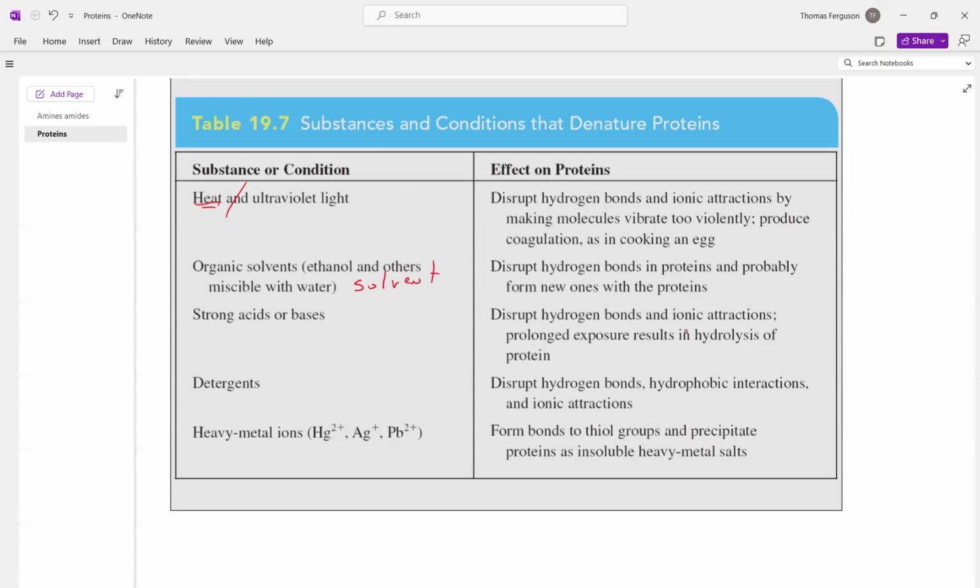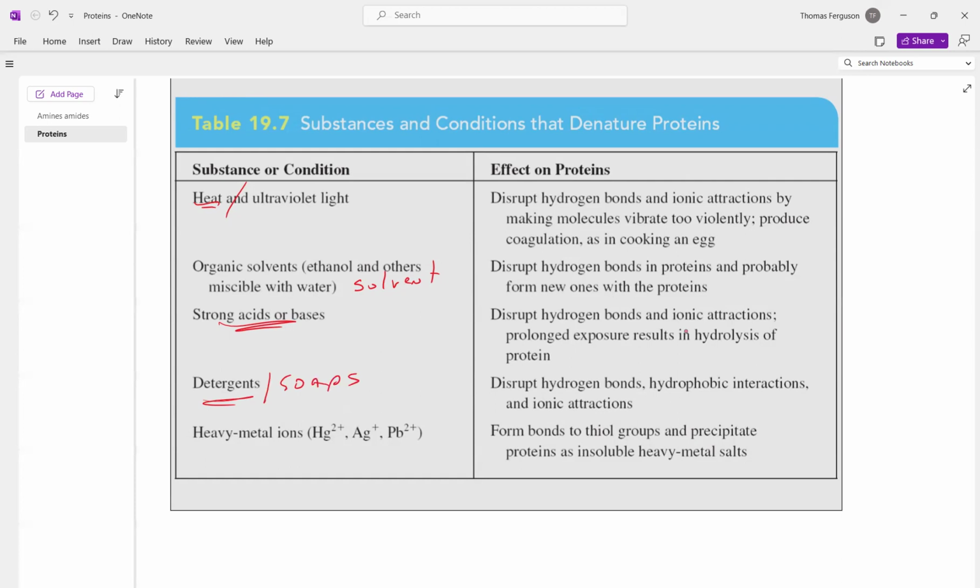Okay. Strong acids or bases. Just like when we do ceviche, we're introducing a pH change by acid. Now, detergents and soaps are emulsifiers.